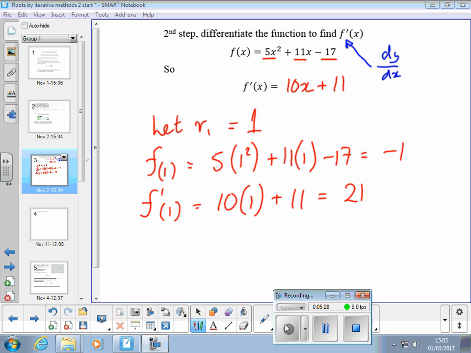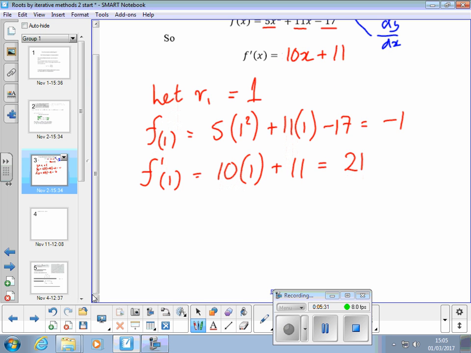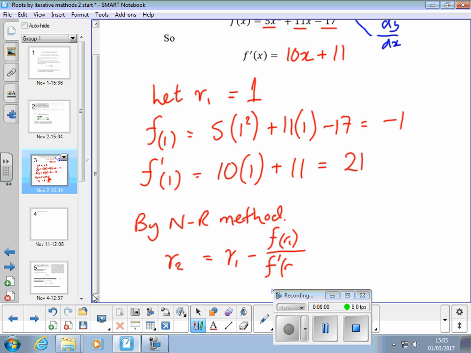Okay, so what we can then say is, by the Newton Raphson's method, R2, our second guess at the root, is equal to R1 minus f at R1 over f dash at R1, which is 1 minus minus 1 over 21.